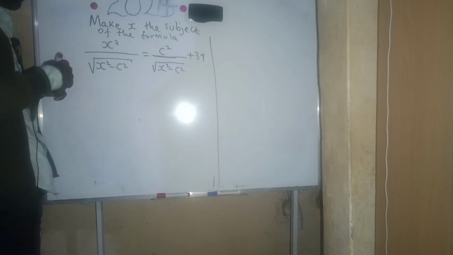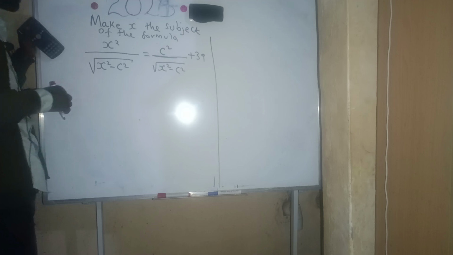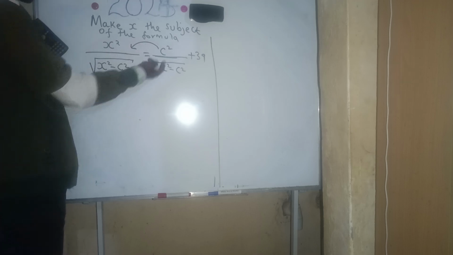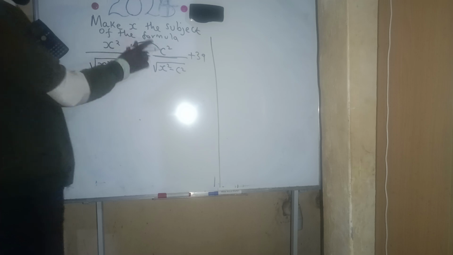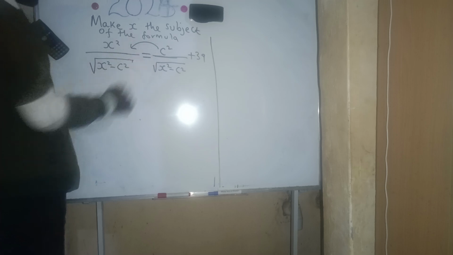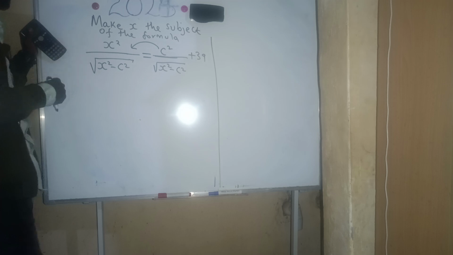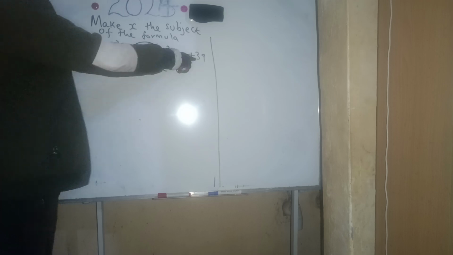What do we do? We can first take the expression that has x to the other side of the equal sign, so that everything that involves x is put on one side. We are left with the constant 39 on the other side.